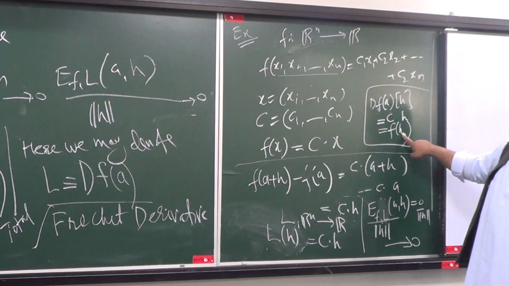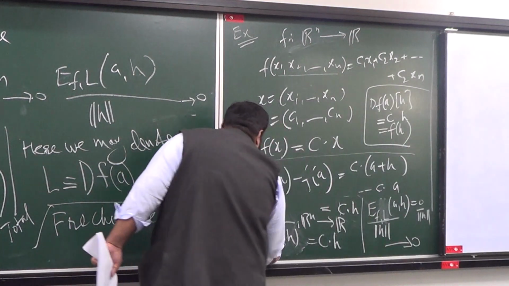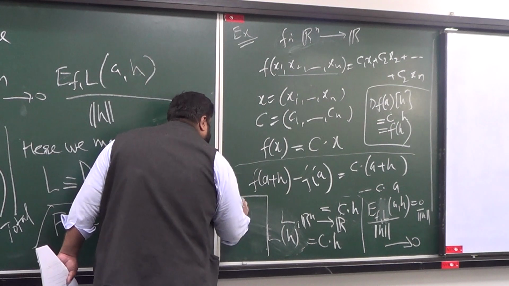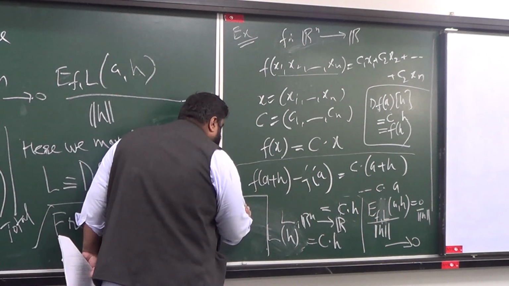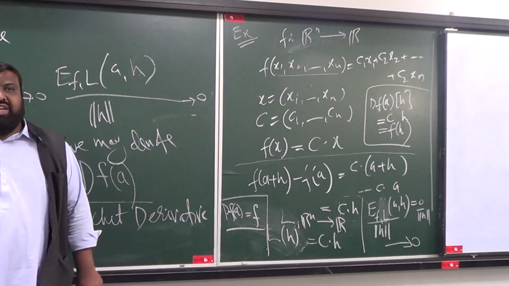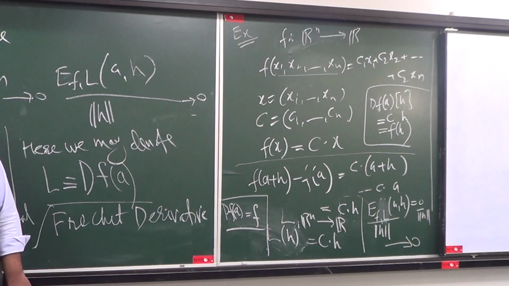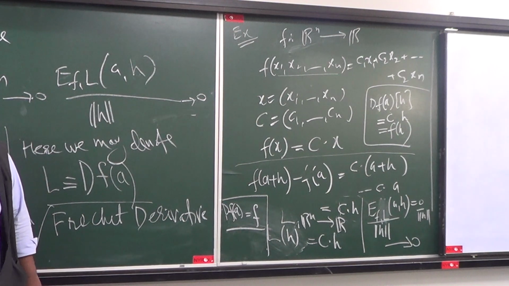So we can say that the Frechet derivative of a linear function evaluated at a is itself. Whenever you have a linear function and you want to compute its Frechet derivative or total derivative, it would be itself.